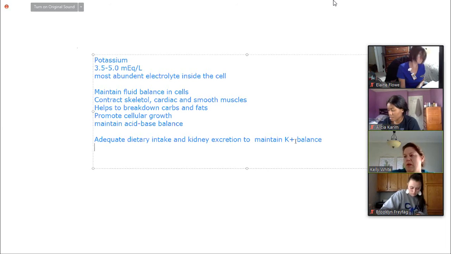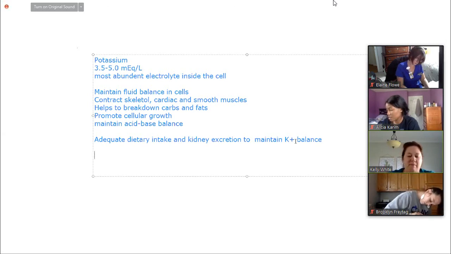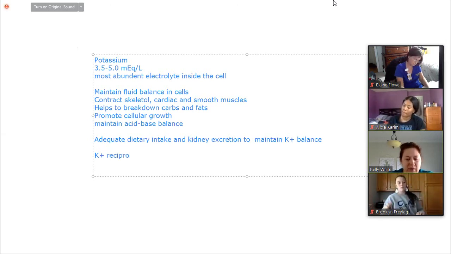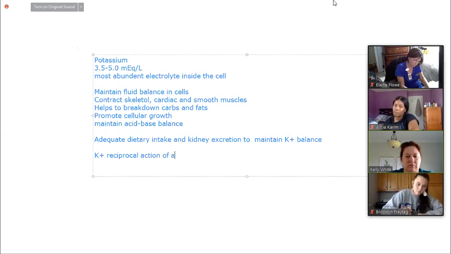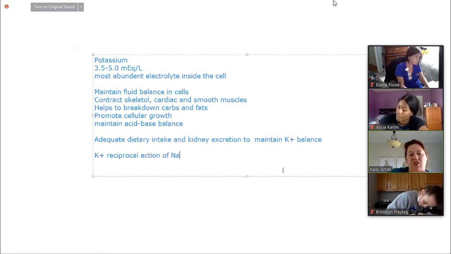Remember how I said that the sodium-potassium pump, they kind of work opposite of each other. So potassium has what we call a reciprocal action of sodium. Meaning if you have a high potassium level, you're going to have a low sodium level. If you have a low potassium, you're going to have a high sodium.